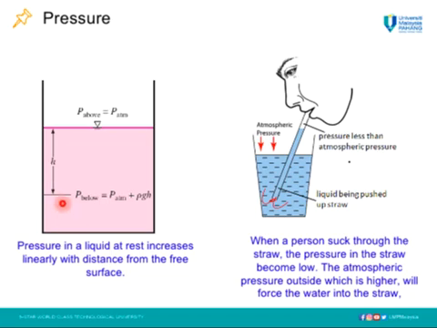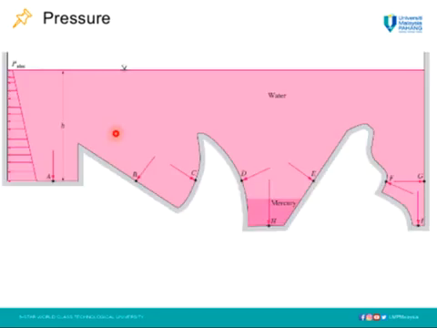The pressure at a point within the container equals the weight of the liquid plus the atmospheric pressure which is exerted on the surface of the water. If we want to measure the pressure at this point, this pressure equals the weight of the liquid above the point, plus the atmospheric pressure acting upon the surface of this water.